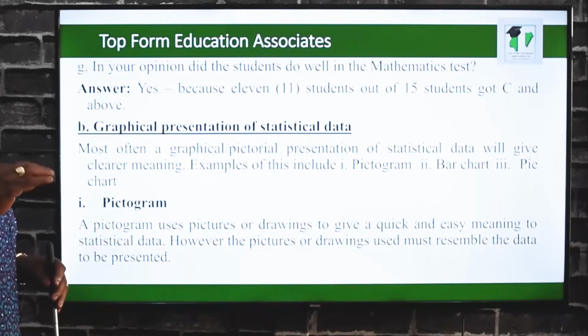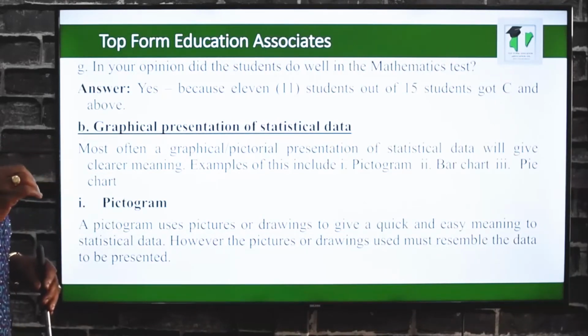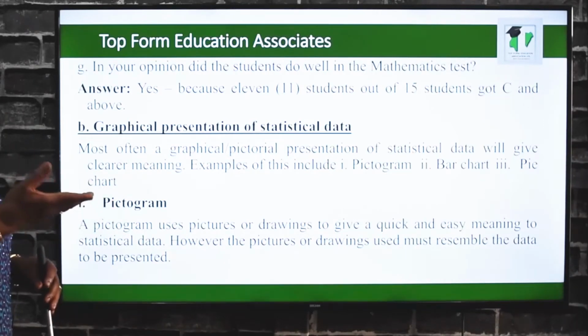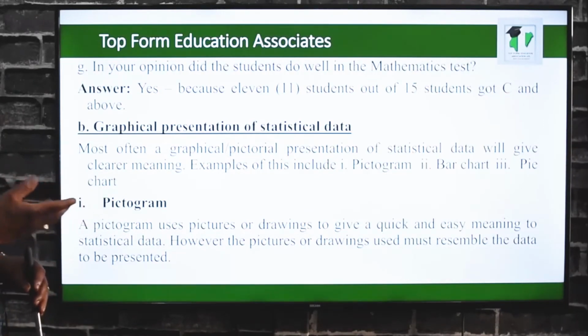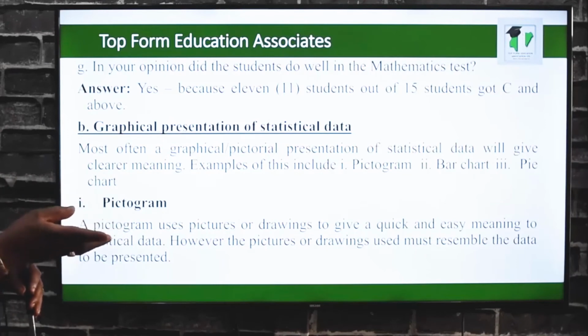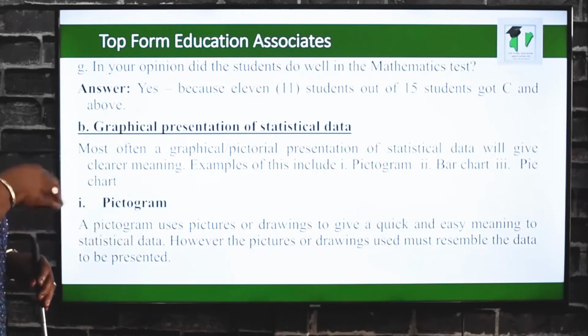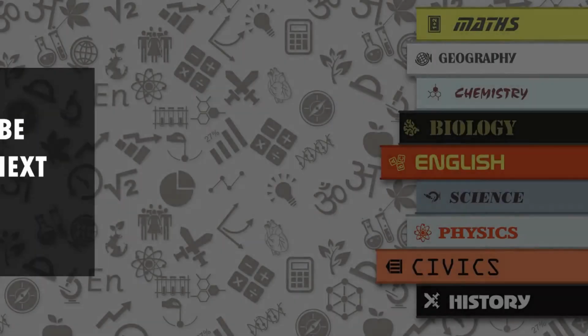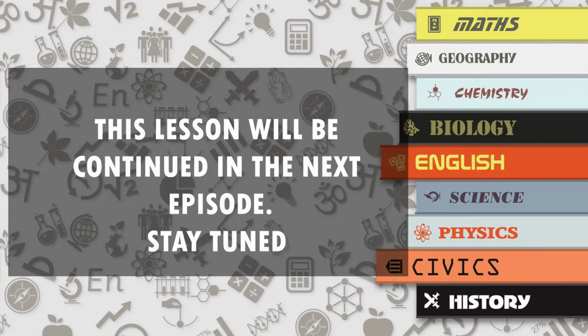So if you are talking about vehicles, you should use pictures of vehicles, of cars, of buses, of motorbikes, of bicycles to resemble the data. That's the important thing you must note in pictogram.